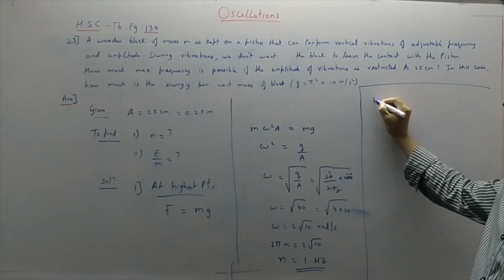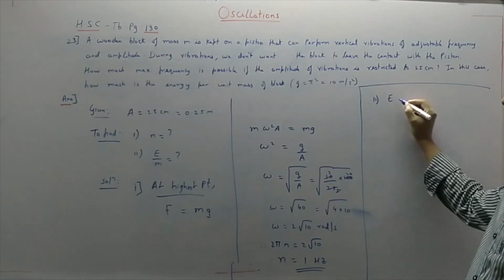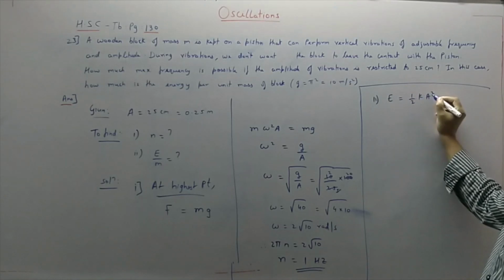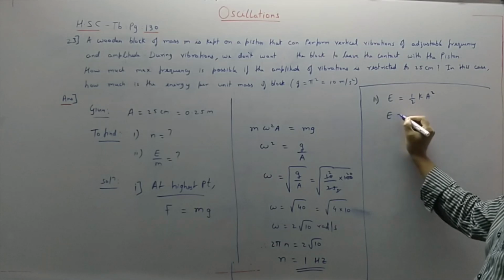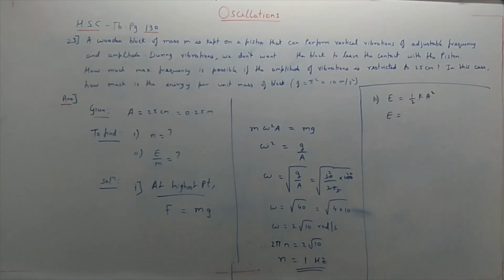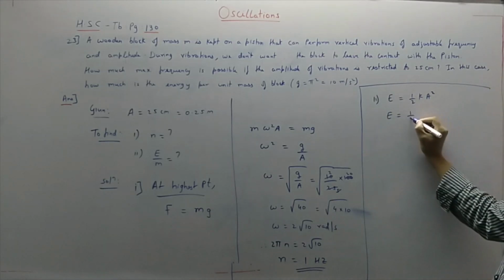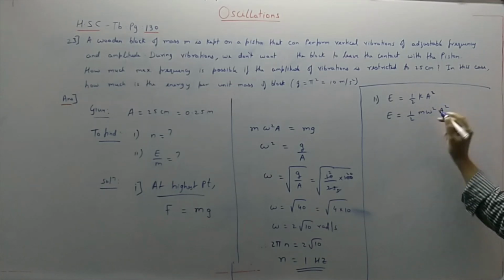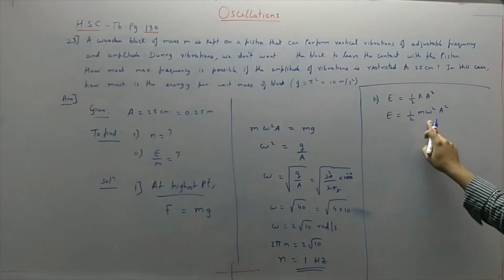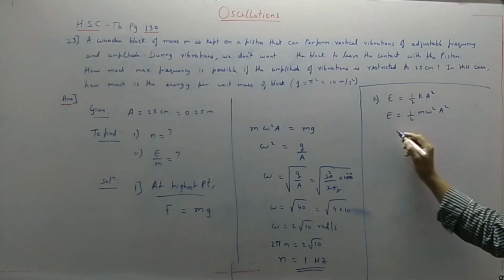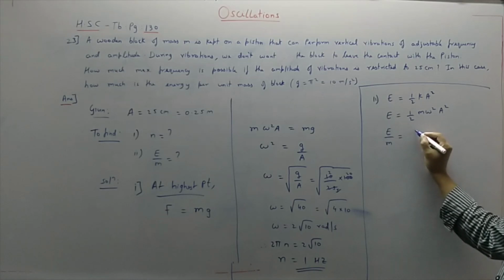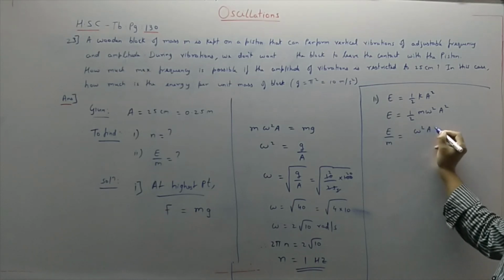Next is the energy per unit mass. What is the formula for energy? It is half K A square. We have seen in linear SHM we have half K A square, where K is a constant. And what is K? It is m omega square, because omega is root of K by m, so K is m omega square. So energy per unit mass is omega square A square upon 2.